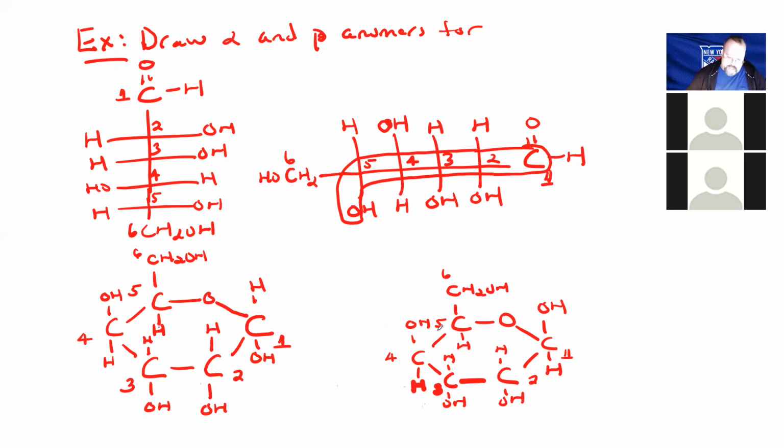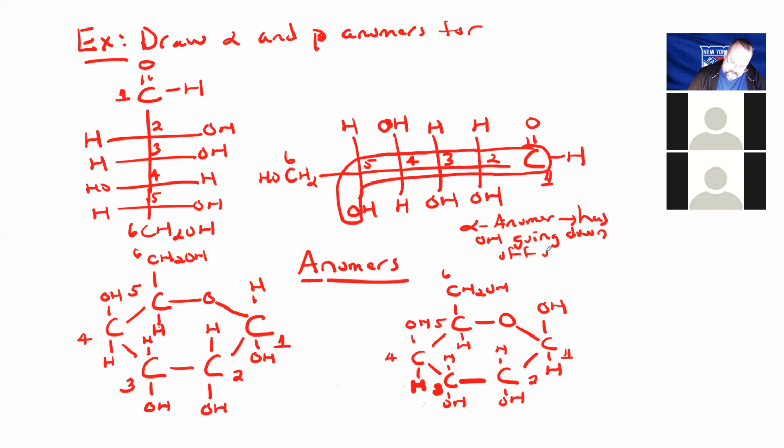The relationship between these two structures is that they are anomers of each other. The alpha anomer has the OH going down off of the former C double bond O carbon.